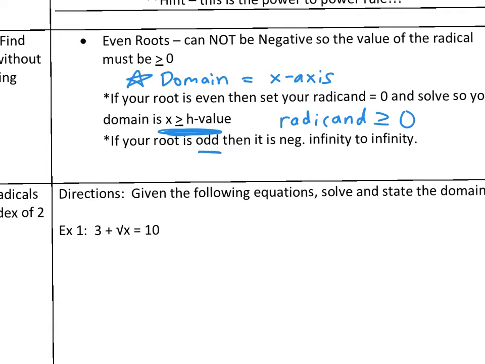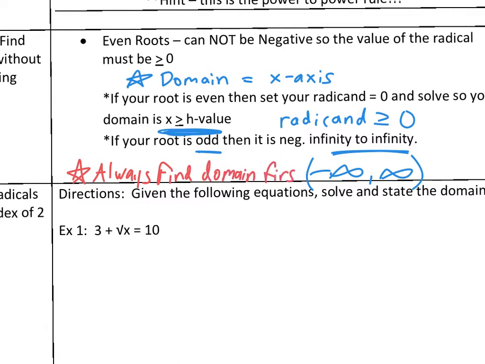But if it's an odd root, it's just always going to be negative infinity to infinity for the domain, because we know that those can go all the way across the graph. They can be negative and they can be positive. Okay? And the other thing that I want you to write down here is always find domain first if it asks for it. So always start with the domain.